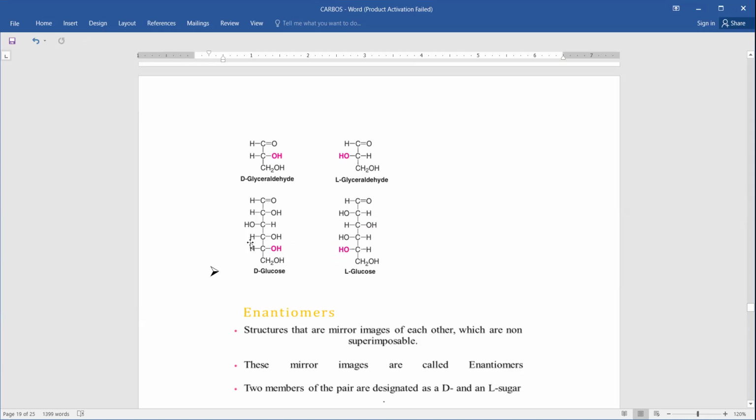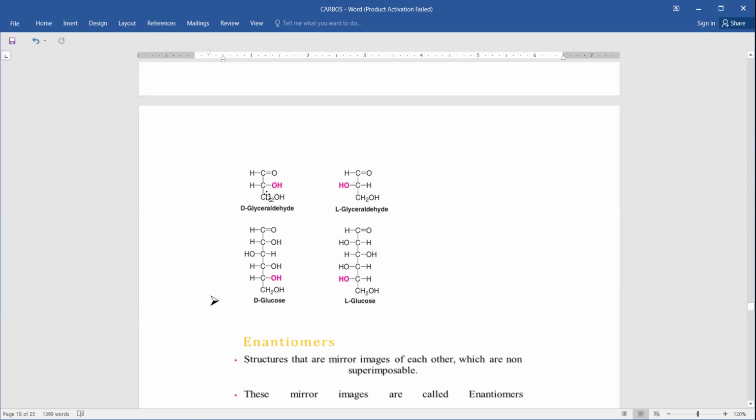So for the fifth carbon, or the last but one carbon of a monosaccharide, if the hydroxyl group is on the right side, that is the D form, D isomer. If it is on the left side, that is the L form or L isomer.